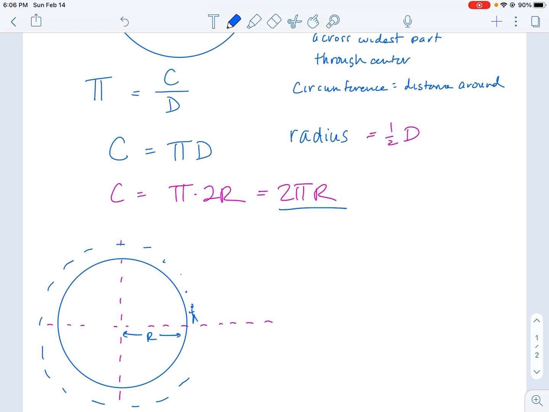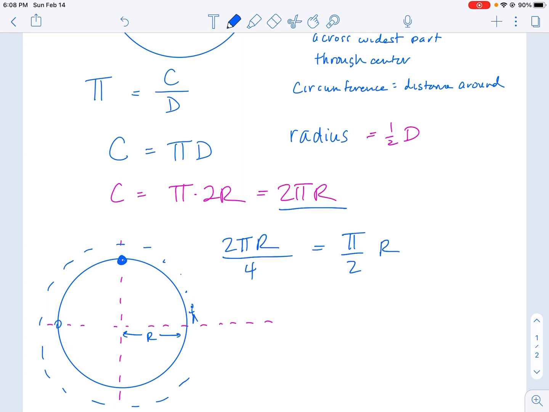Now, what if I were just going to walk to this point right here? That point is 1/4 of the way around the circle. So if the whole way around is 2 pi r, if I divide by 4, I would get that 1/4 of the way around the circle is pi over 2 times r.